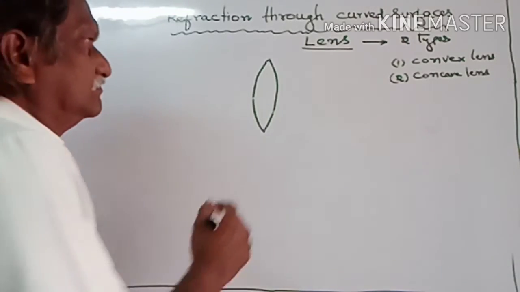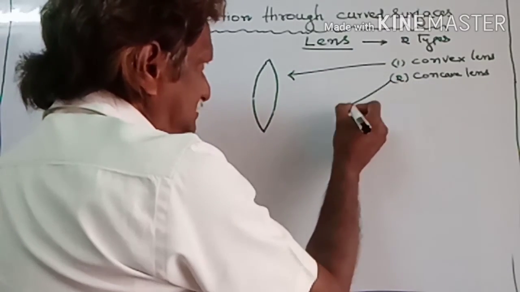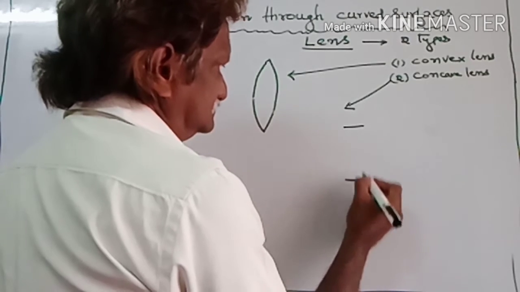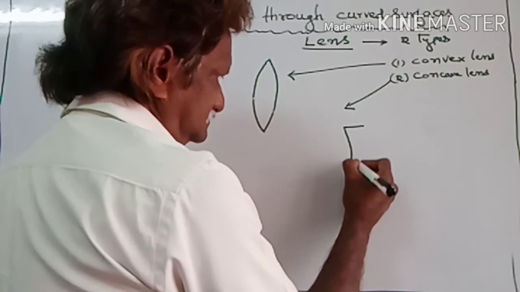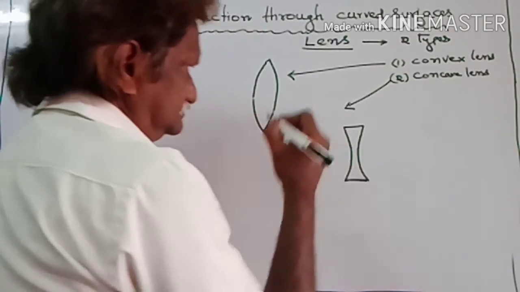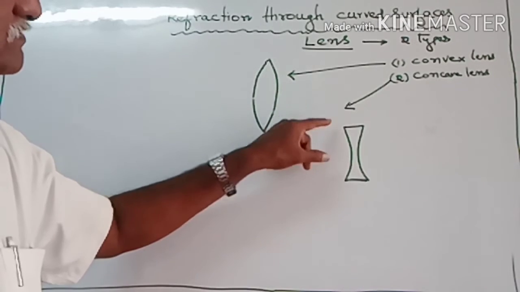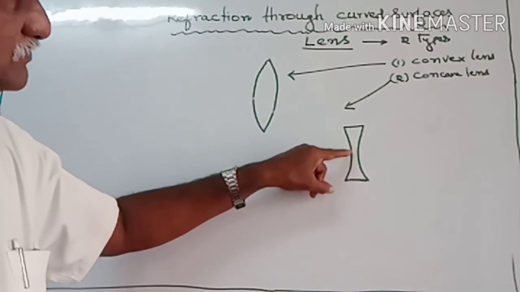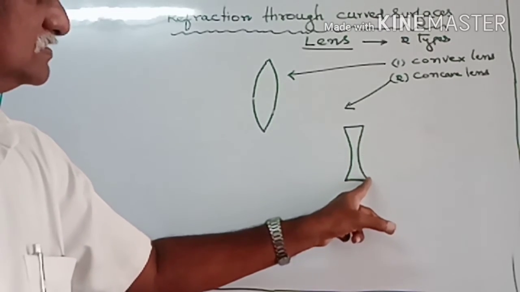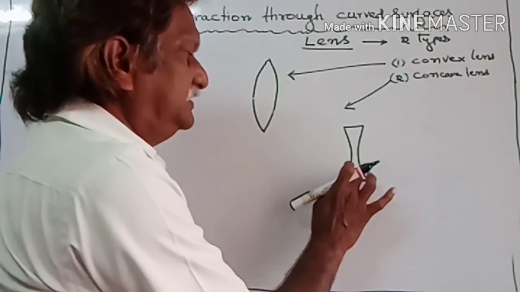Then concave lens. See this. In this also, here is one curved surface, and here is one curved surface. In between these two curved surfaces, one medium is bounded.